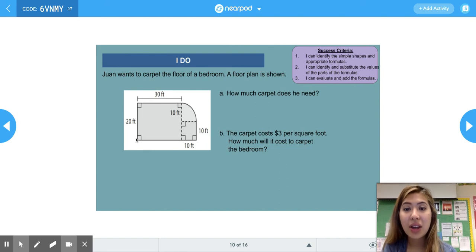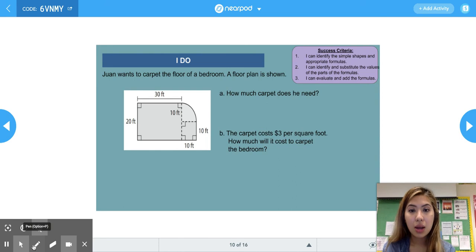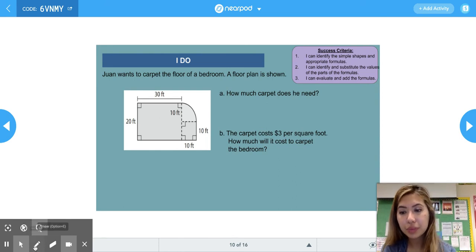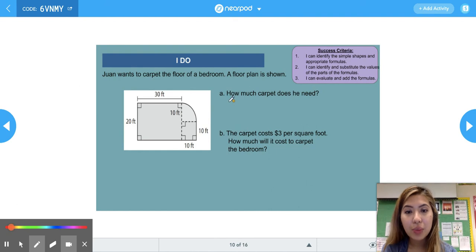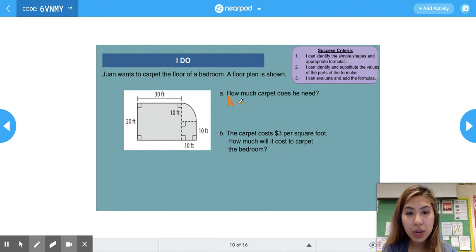So I can identify that we have a rectangle here, we have a square, and we have a semicircle. So that's part of a circle. It's 1/4 of a circle. So I'm going to go ahead and write out the formulas. So area of a rectangle is equal to base times height.